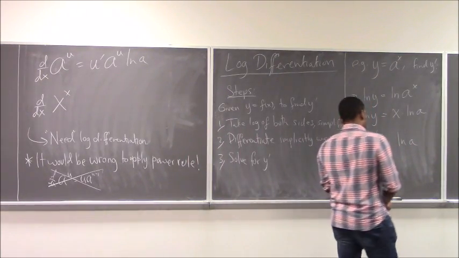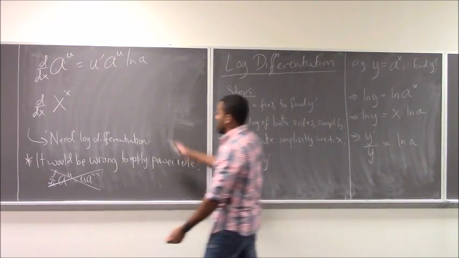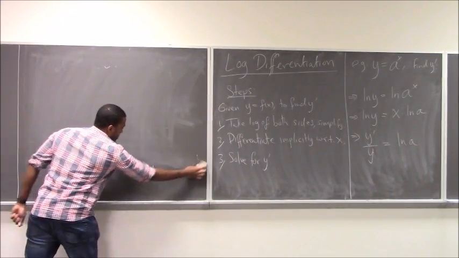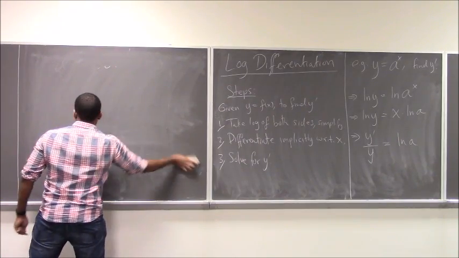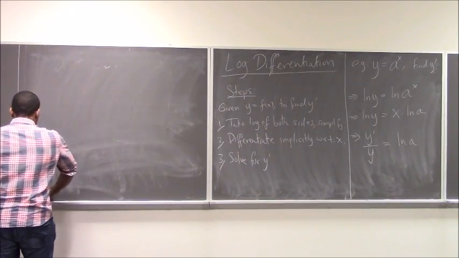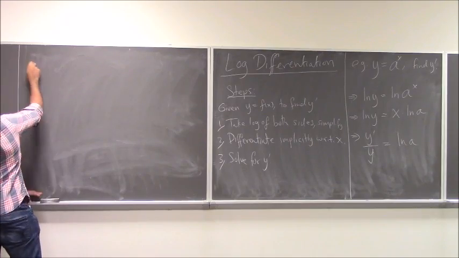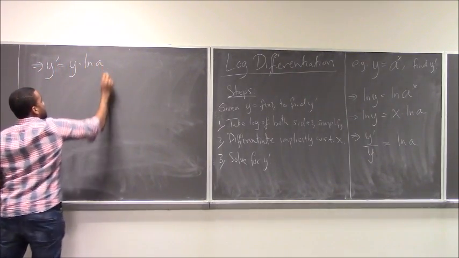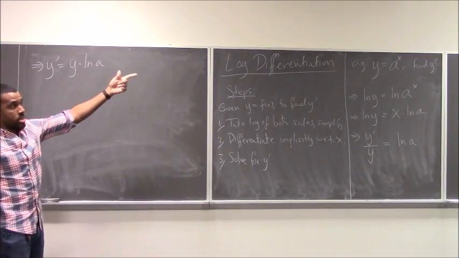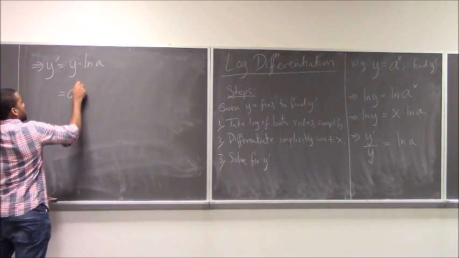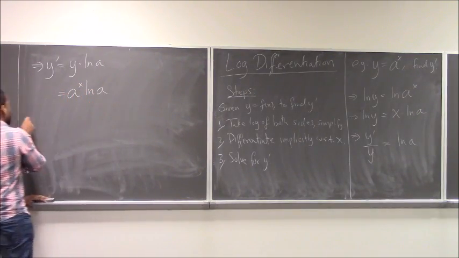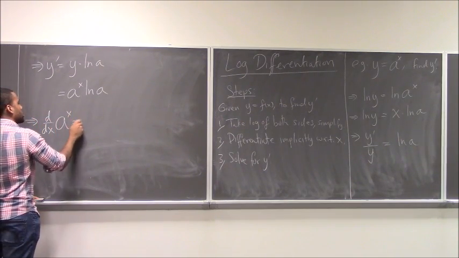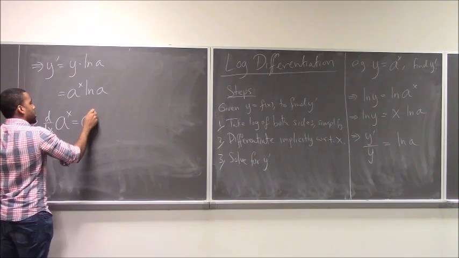We've done implicit differentiation, so now we just solve for y prime. This means that y prime is equal to y times ln a. But my y was actually a to the x. So that means the derivative of a to the x is a to the x ln a.